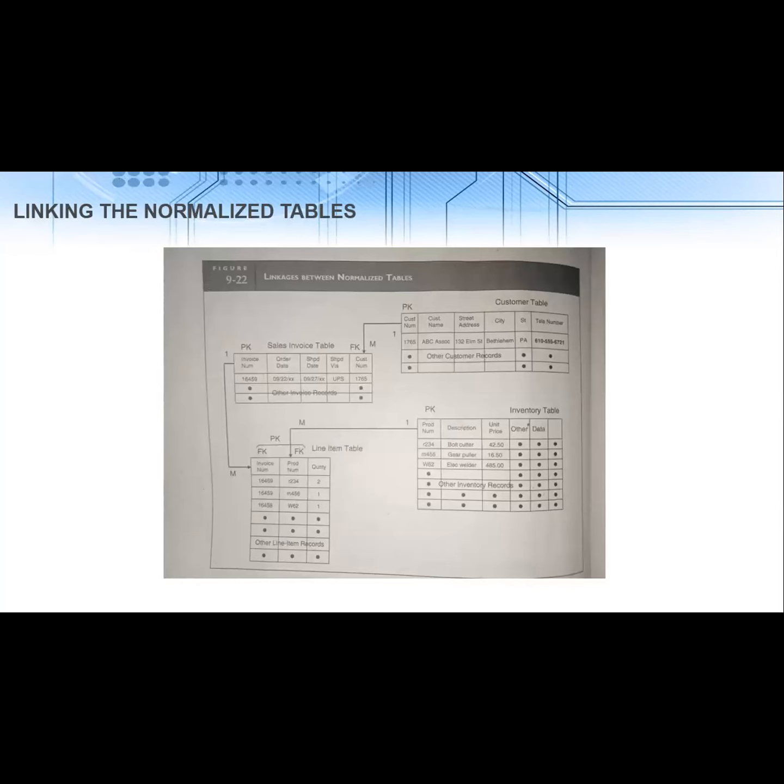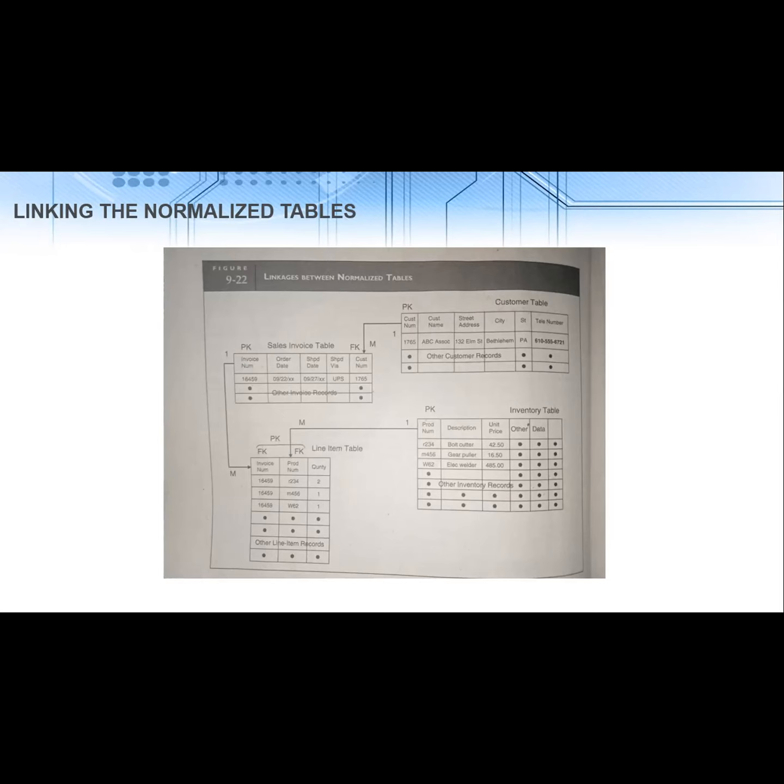Linking the normalized tables. Figure 9-22 represents the linkages between normalized tables. The tables contain the sample data used in the original single table structure.